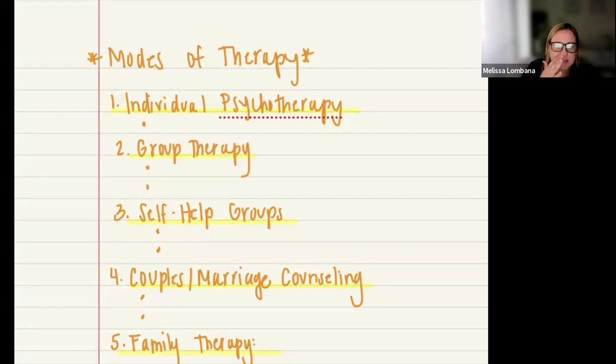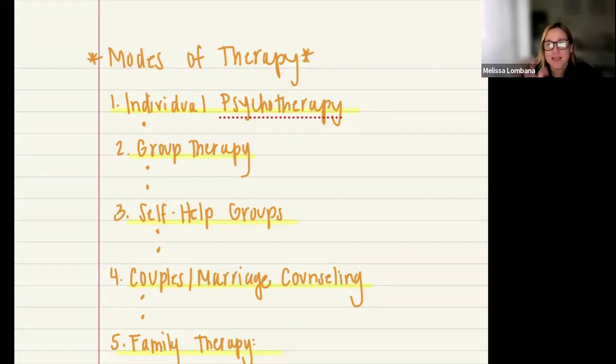The next one is self-help groups, and self-help groups are basically people that have a common goal, by giving each other support, to help them. Sorry, I made a mistake. So group therapy is not AA. Self-help groups is AA.